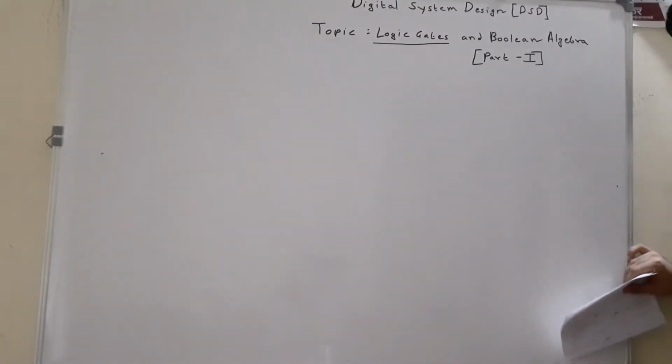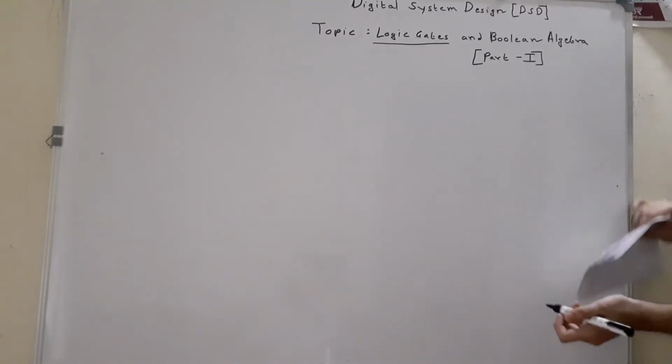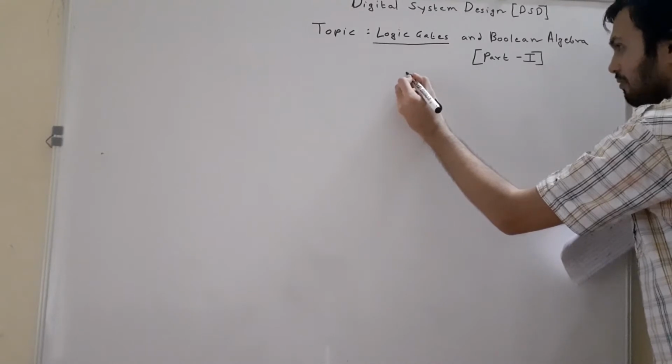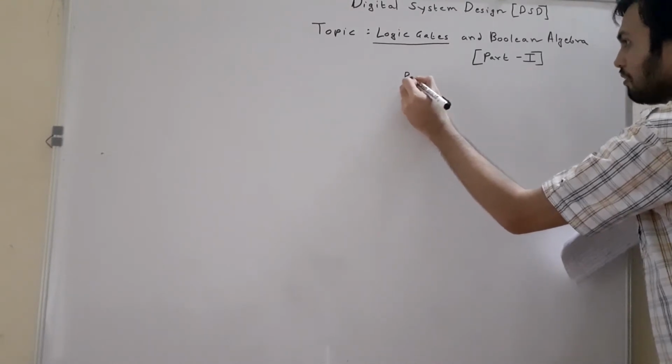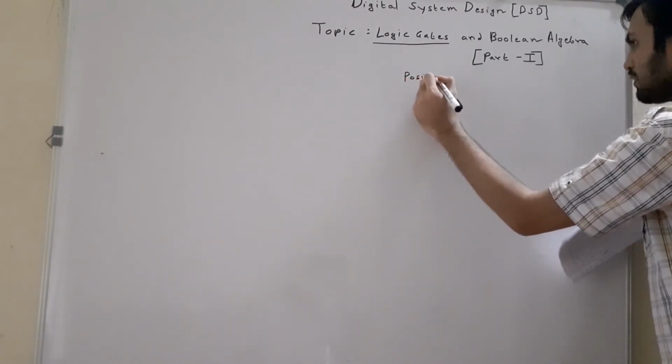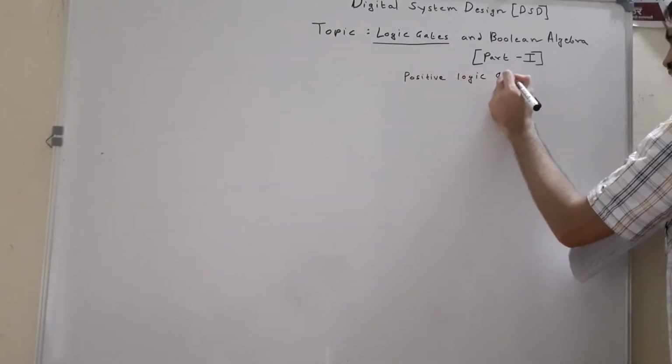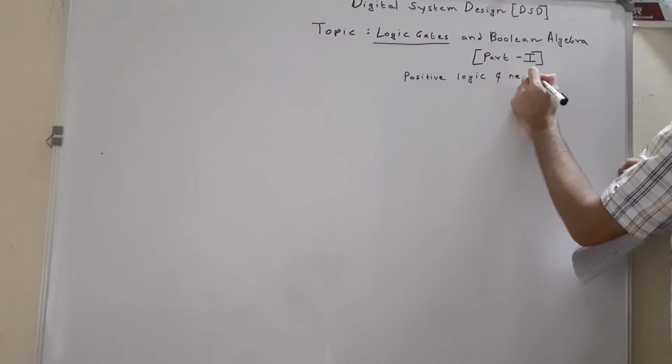Till now we know in this course that we perform logical operations over the digital inputs which are provided to us in a digital system. For that matter, we need to understand a concept known as positive logic and negative logic.